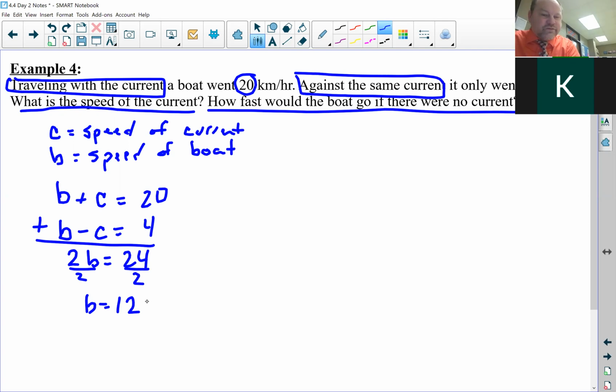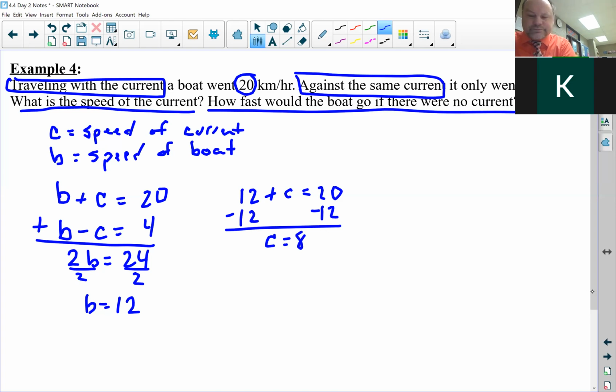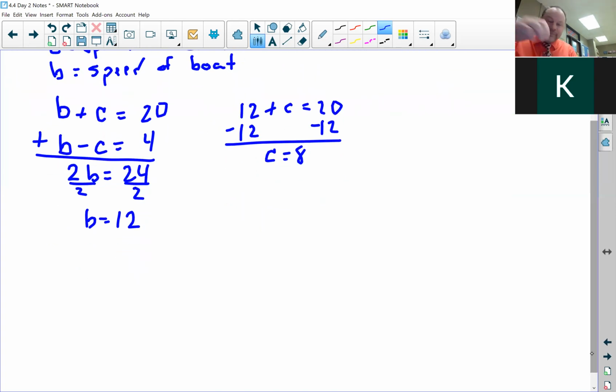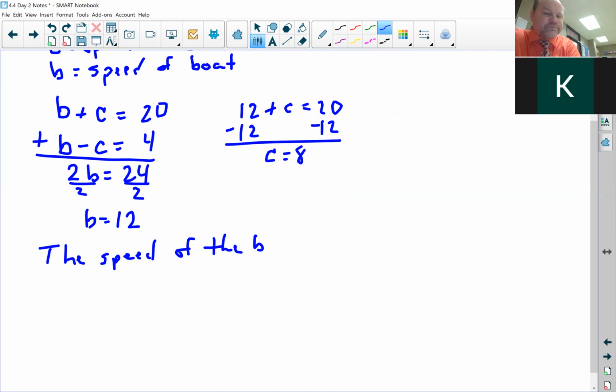Plugging back in and solving for C. So 12 plus C equals 20. So the speed of the boat is 12 kilometers per hour.